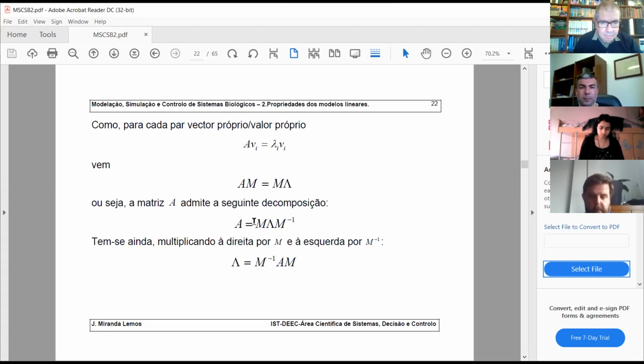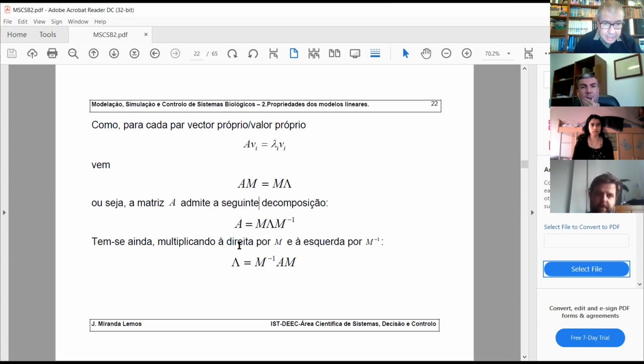M is the matrix whose columns are the eigenvectors of A, lambda is the diagonal matrix of the eigenvalues, and M minus 1 is the inverse. So when you have n independent eigenvectors, you are able to do a change of coordinates in which the matrix becomes diagonal. So all the states are decoupled.